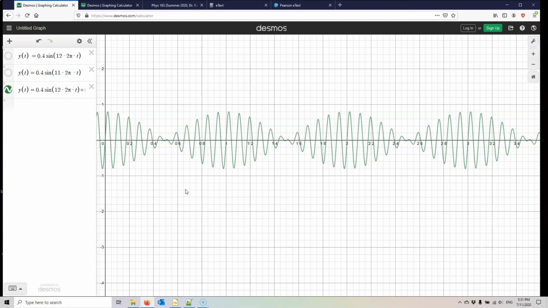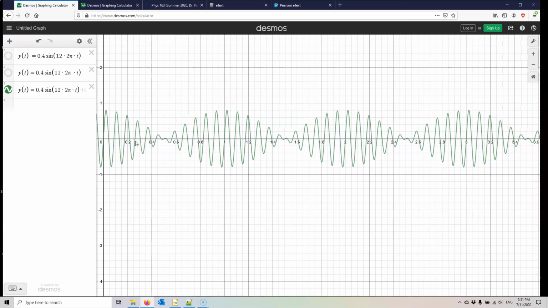What you can tell is that in this case, I have exactly one loud, one quiet per second. So this would be loud around here, quiet here, loud here, quiet here, loud here. From 0 to 1, it is loud, goes quiet, loud. So it's always 1 second from loud to the next loud, or 1 second from quiet to quiet.